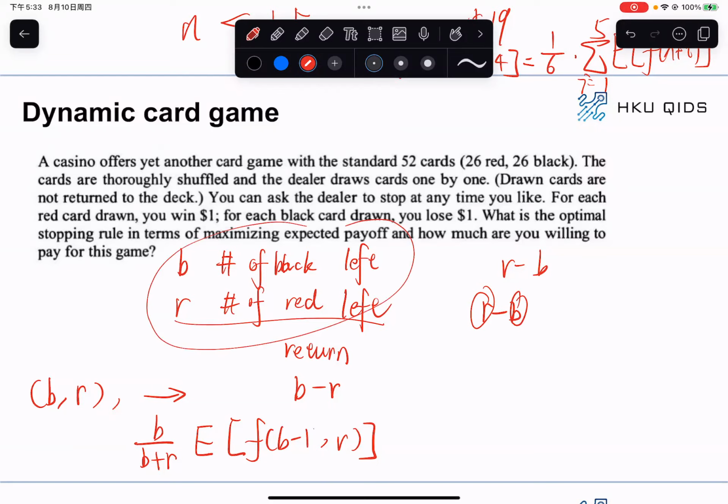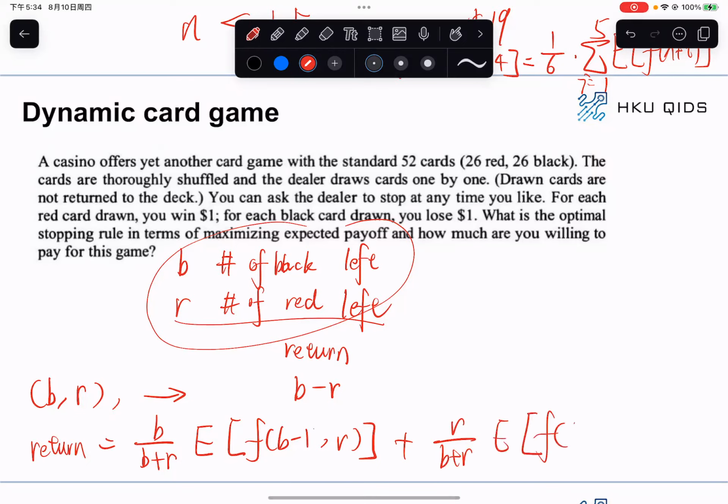Because if we have more black cards left, then we are going to earn some money, okay? And in this case, we are going to have this formula. Our return is going to be R over B plus R times F(B, R-1), because in the next round we are going to have a red card, right?